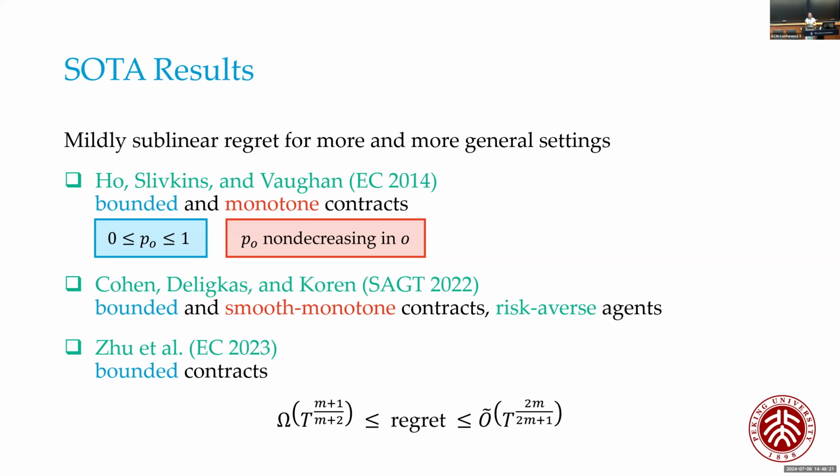So is this good? Yes, it is indeed good because it is sublinear regret, right? And it is tight, but it may not be good enough because we need an exponential number of times to achieve epsilon optimal. So here come our results.